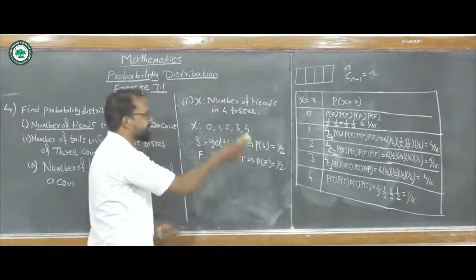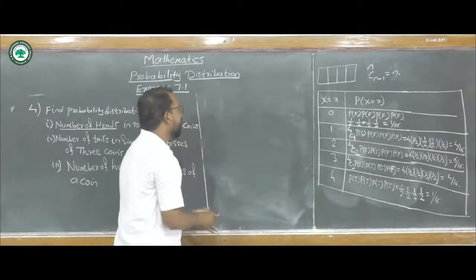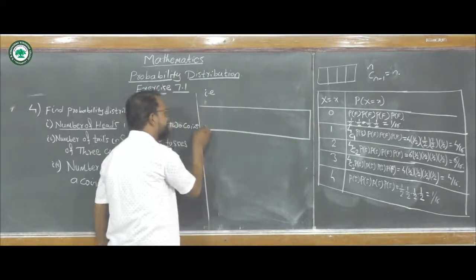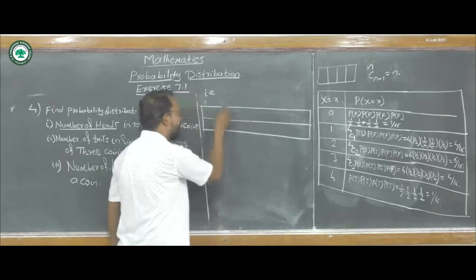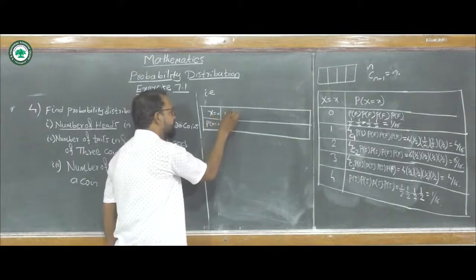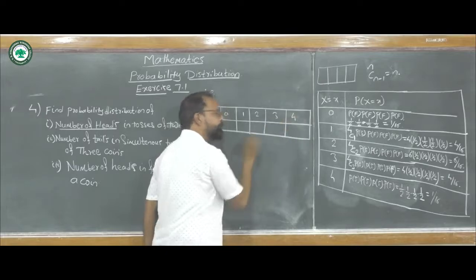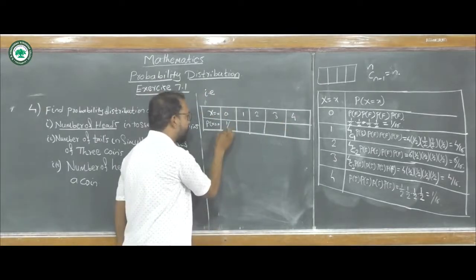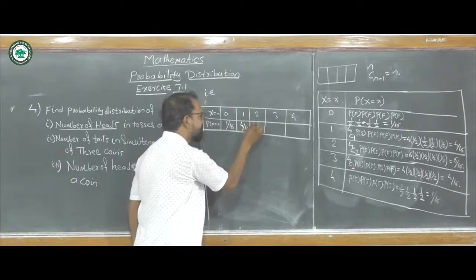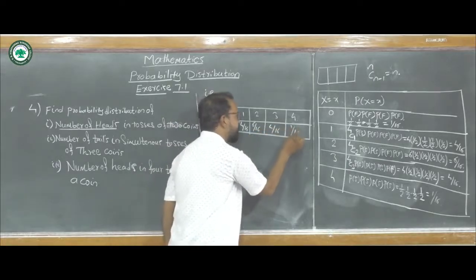Now if we summarize this table in short, the probability distribution in tossing 4 coins getting heads, for X equals 0, 1, 2, 3 and 4, is 1 upon 16, 4 upon 16, 6 upon 16, 4 upon 16 and lastly 1 upon 16.